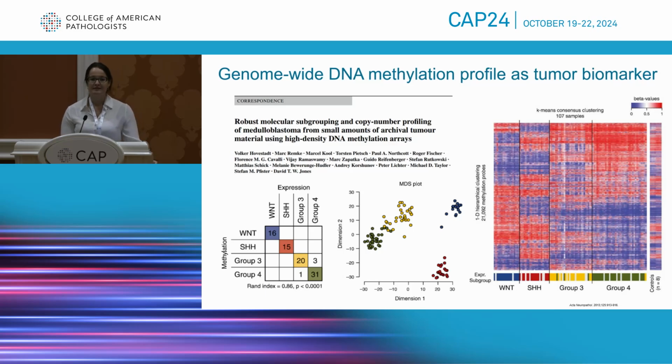But it turns out that this is not a feature only of medulloblastoma, and it has been recognized that tumors with similar histology can actually be divided into molecularly and clinically distinct subgroups. A good example are the CNS PNETs. Some of you may remember that a few years ago, we used to look at tumors and call them primitive neuroectodermal tumors.